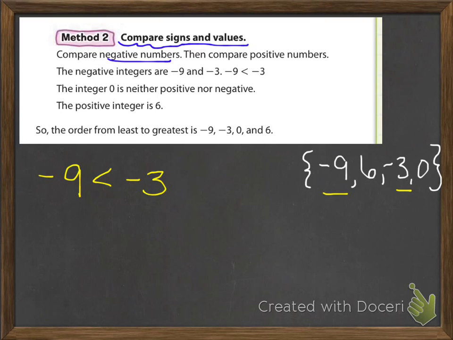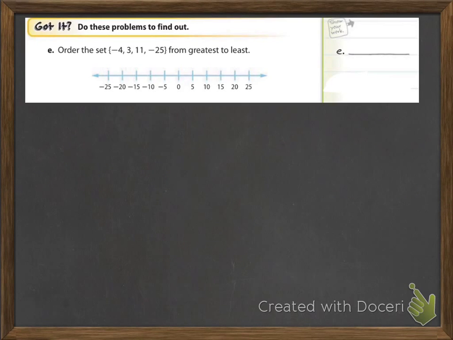Then it says the integer 0 is neither positive nor negative, and the positive integer is 6. So you can see how that's more mental math than anything. That means -9 will be the smallest, then -3, 0, and then 6. So method 2 just shows you how to talk it out in your head.